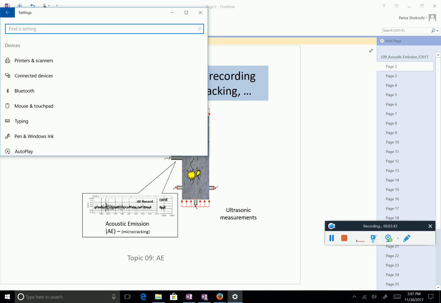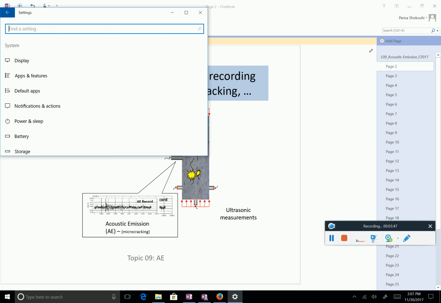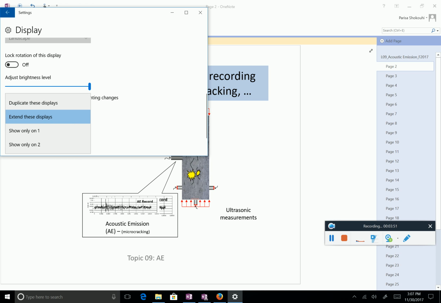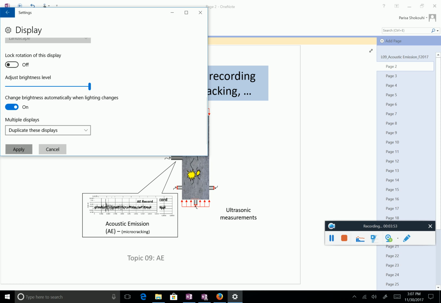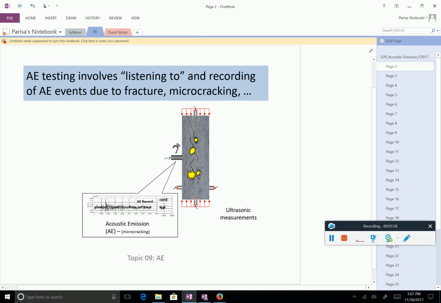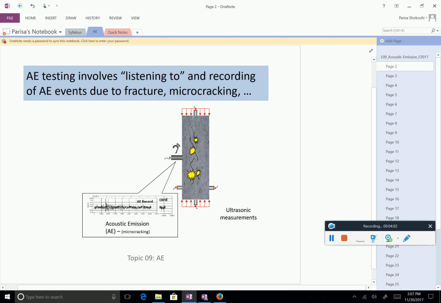Where is display? Here. Okay. These things happen. So Gigi, what's going on today? Whenever I try to do something, it goes wrong.